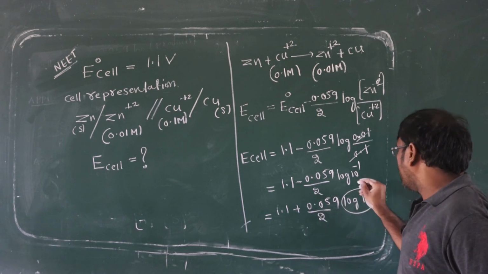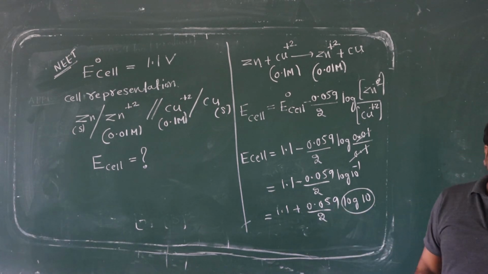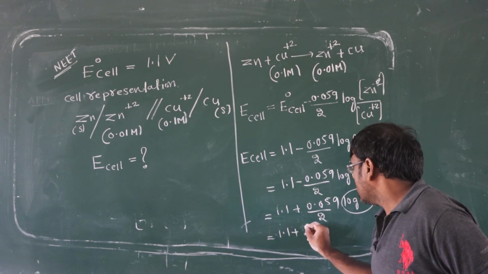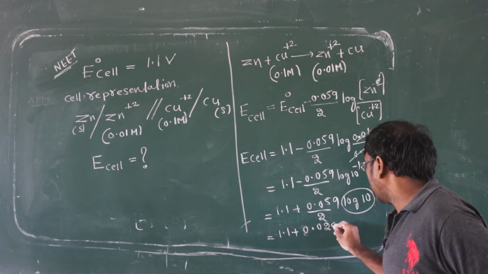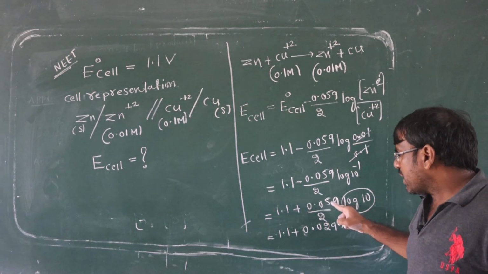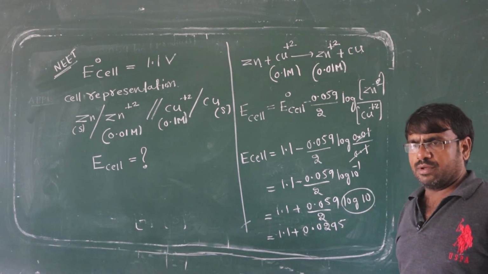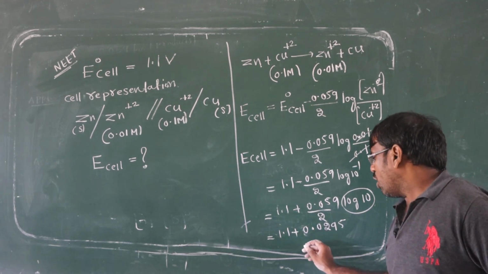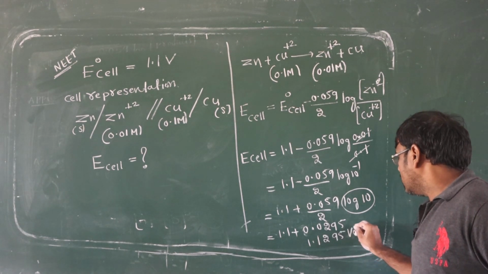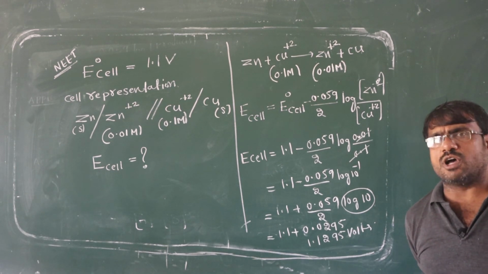Log 10 is equal to 1. 0.059 by 2 is equal to how much? 0.0295. Then in total how much will we get? 1.1295 volts is our answer.